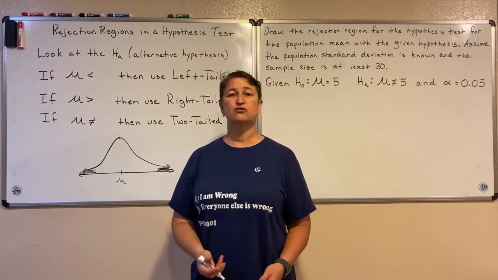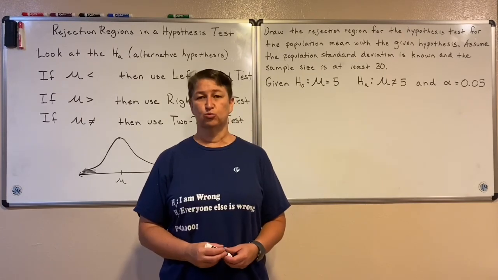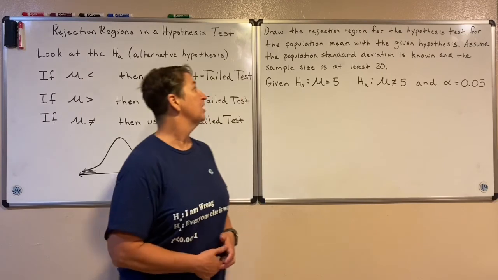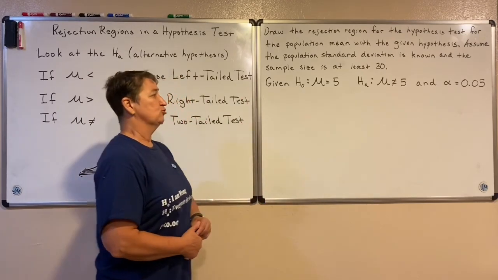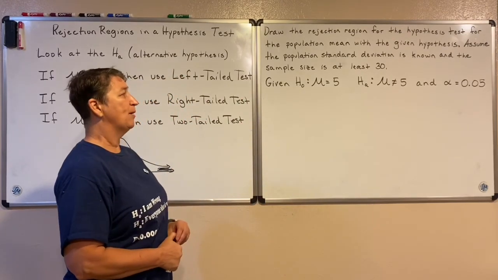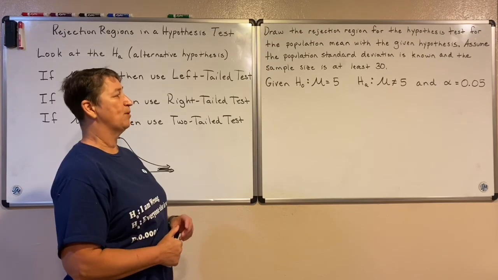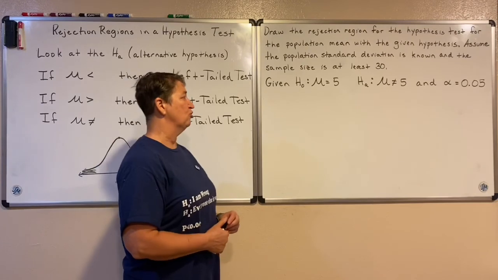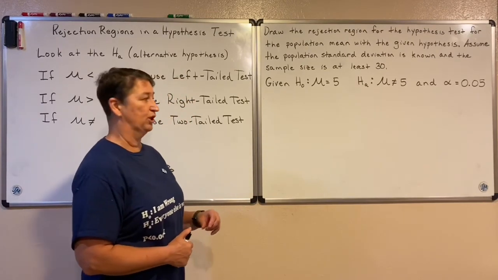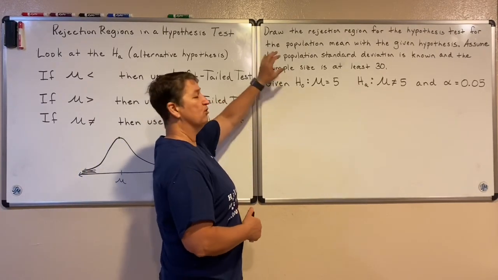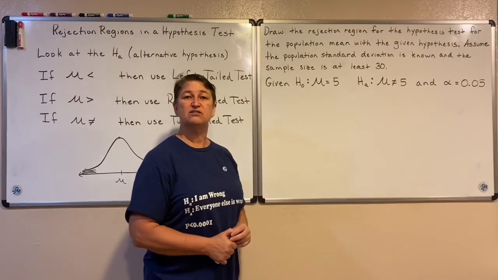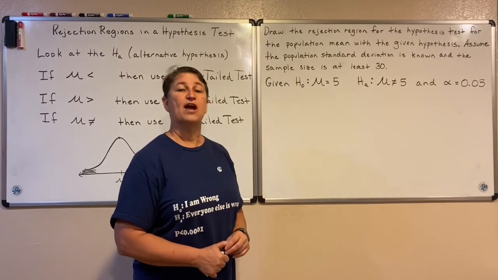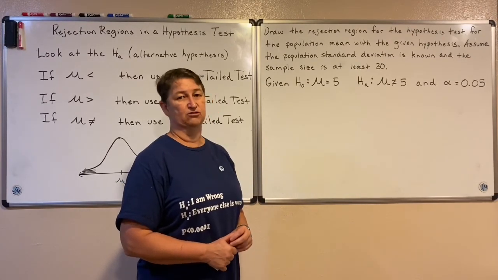So let's practice just drawing that rejection region for a bit. We're going to draw the rejection region for a hypothesis test for the population mean with a given hypothesis. Assume the population standard deviation is known and the sample size is at least 30. So this assumption right here lets us know that our test statistic is going to be part of a normal sampling distribution.